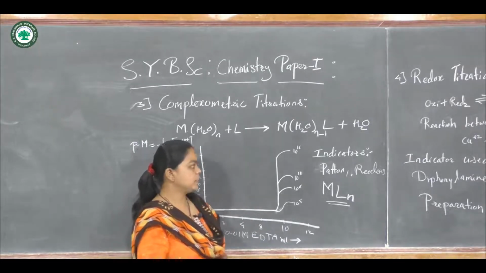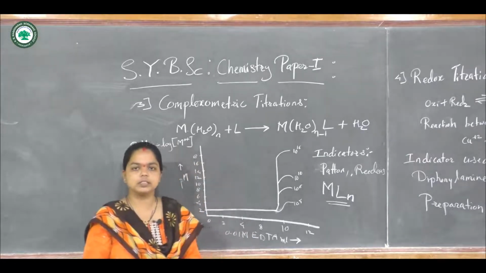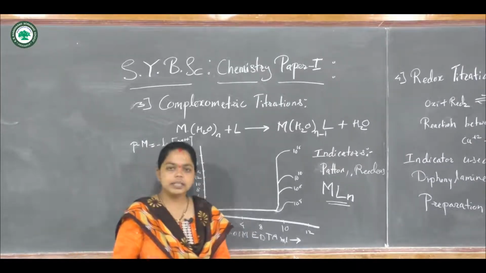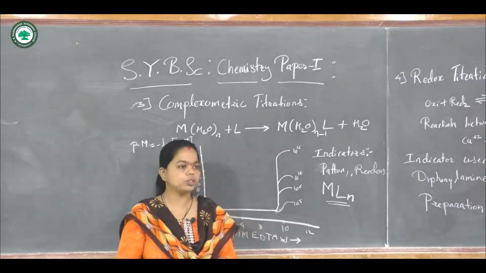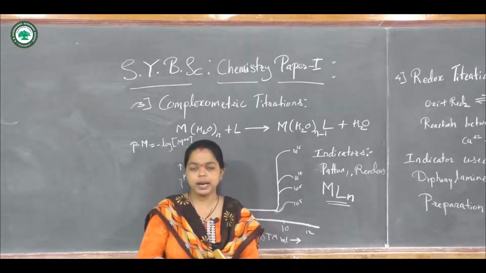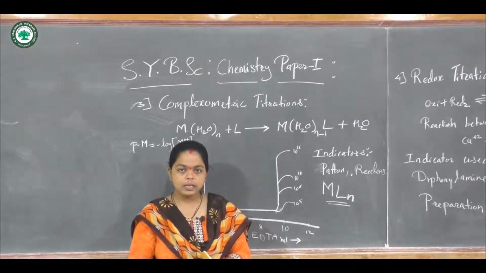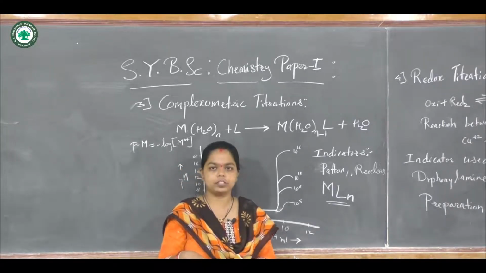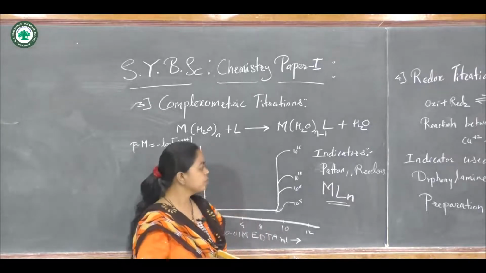Now in this titration, different types of indicators can be used. We know that in a titration, indicators have a very important role; they show a physical change or color change at the end point. Depending upon the type of reaction, different indicators can be used.